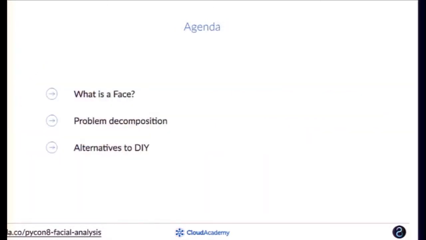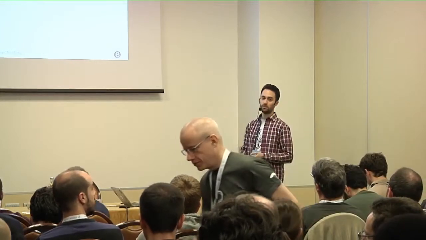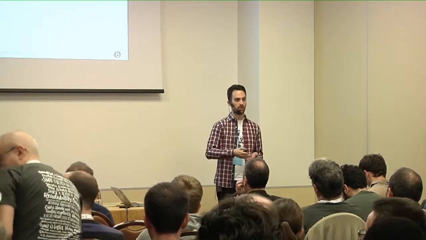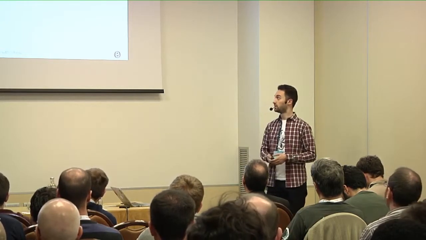So what are we talking about today more in detail? First of all, I want to start with an introduction about what is a face, how do we train a model to recognize faces, what are the edge cases in general. And then I want to dive deep into what's the problem, how do we decompose it, and what are the steps to actually find faces and find emotions and find age estimation and all that kind of stuff you can do with a face.